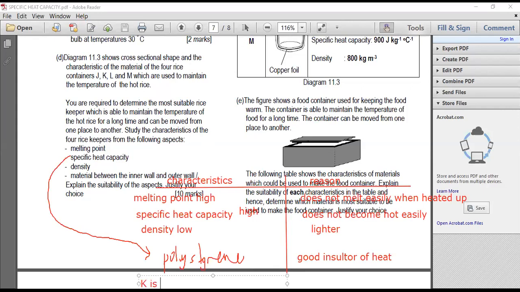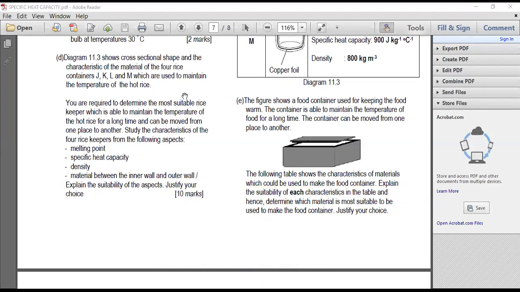So K is most suitable because you have to repeat all the characteristics back. The melting point is high, specific heat capacity is high, the material is polystyrene and so on. You need to repeat the characteristics, but no need to repeat the reasons.